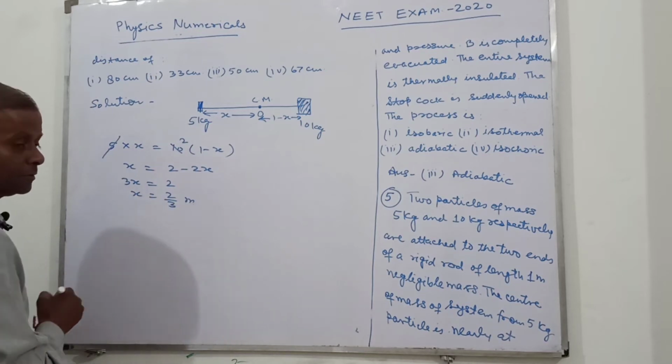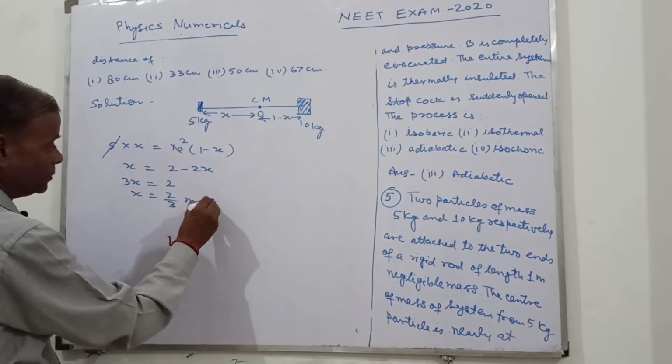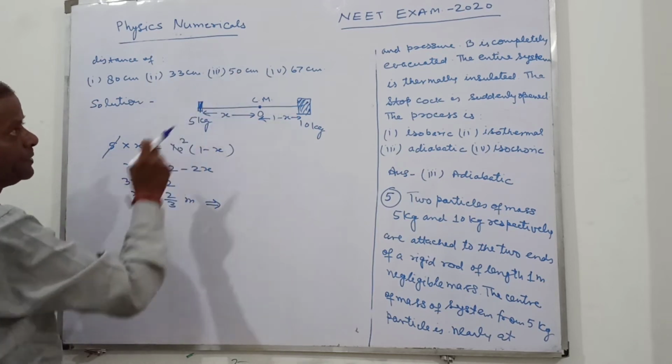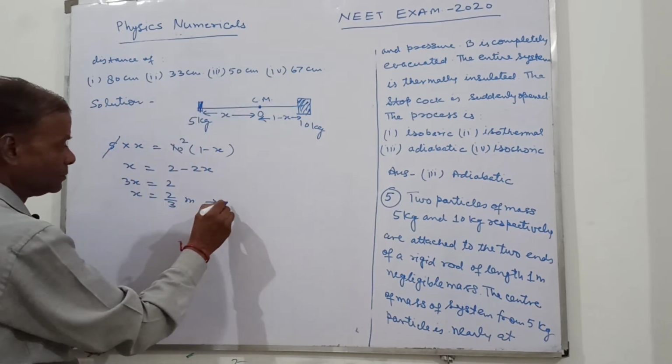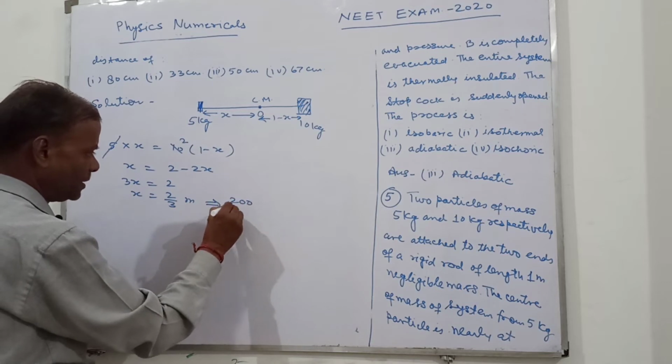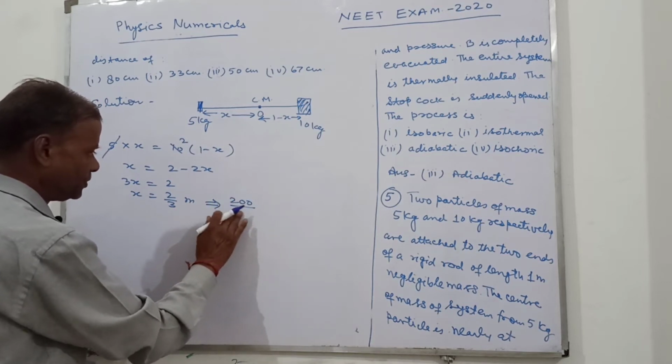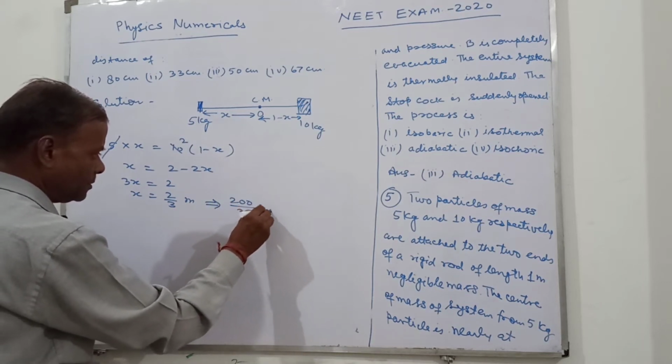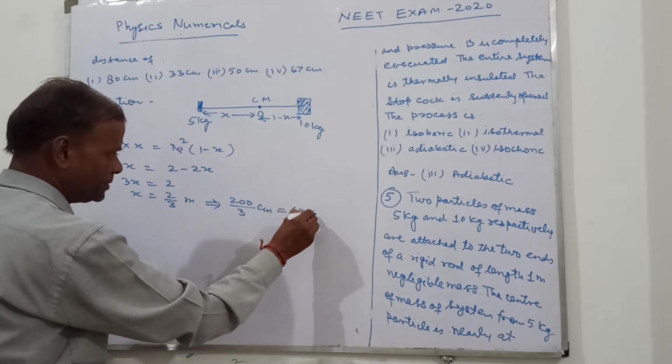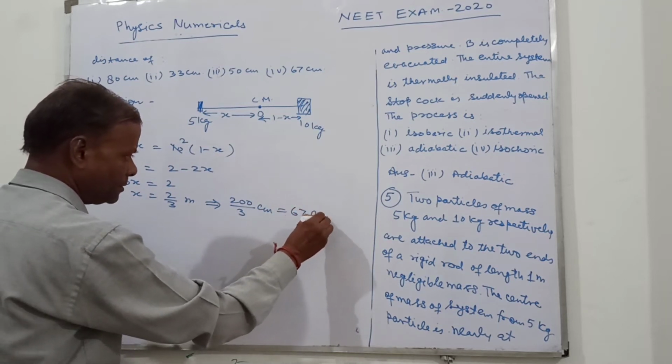So much meter. Now the answers are given in centimeter, so you have to convert this. So this will be 200 upon 3 centimeter, which is approximately 67 centimeter.